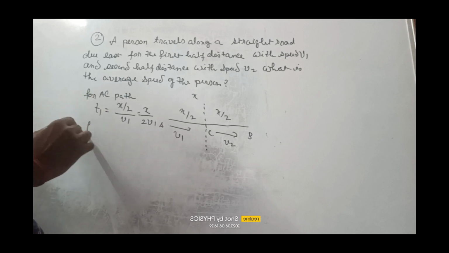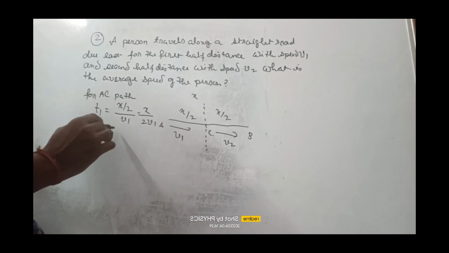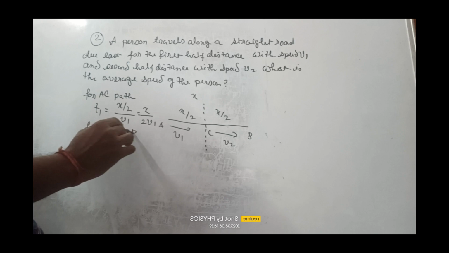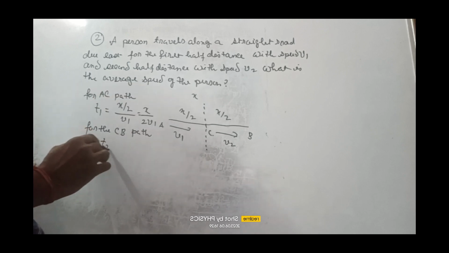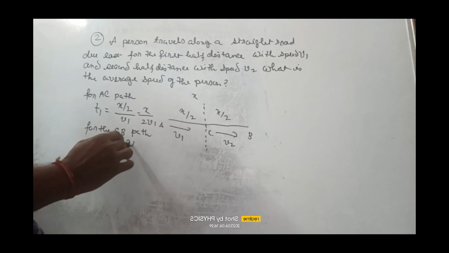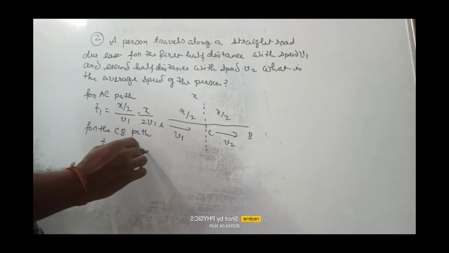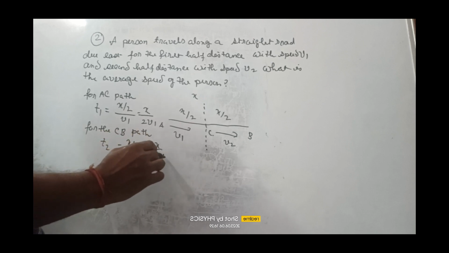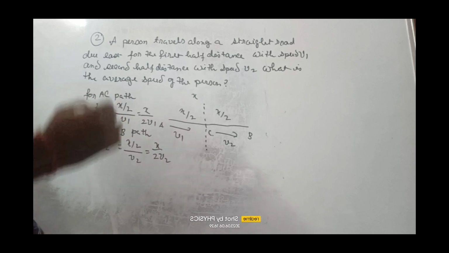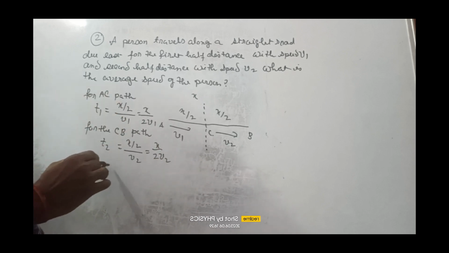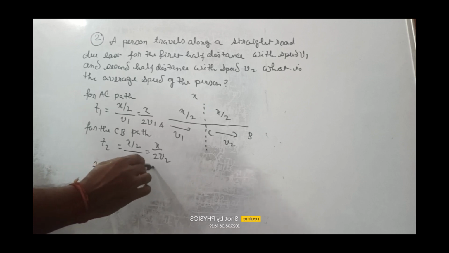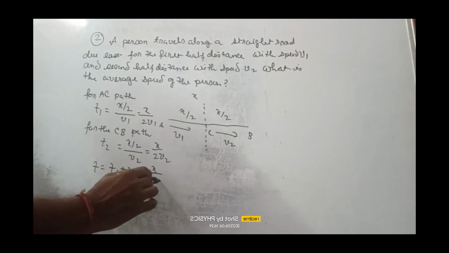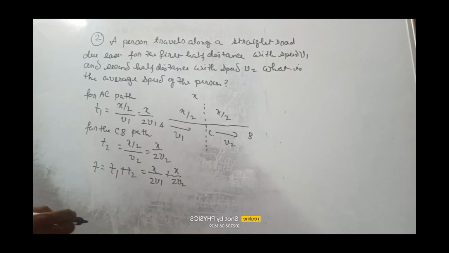For the CB path, time t2 is equal to x by 2 v2. Now the total time t is equal to t1 plus t2, that is x by 2 v1 plus x by 2 v2.